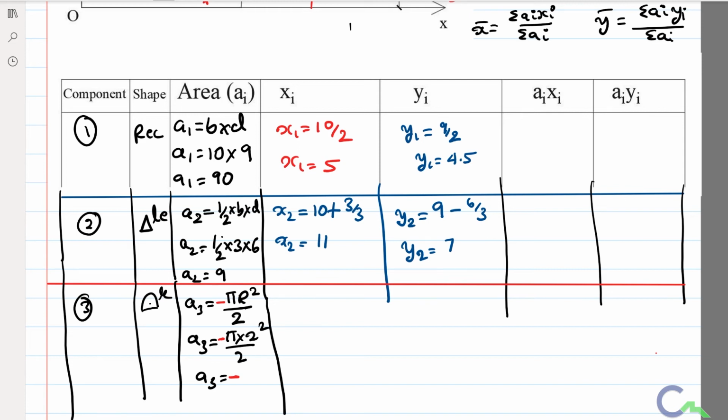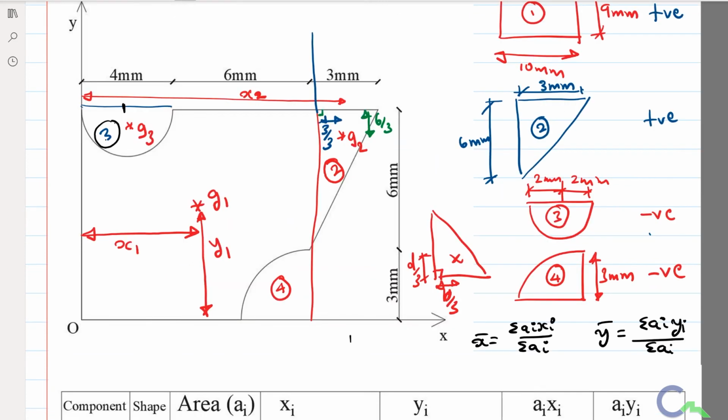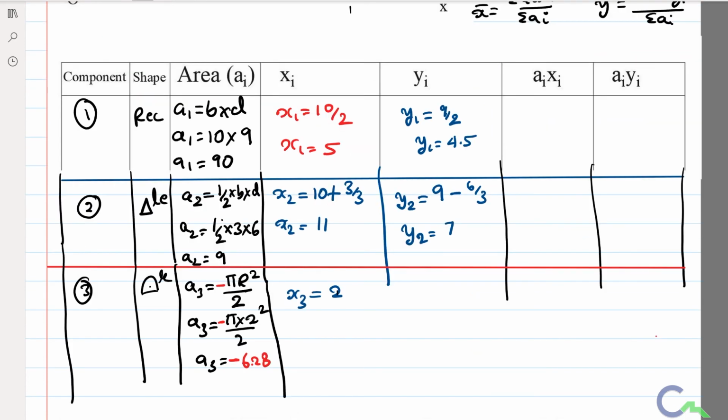So directly I will take negative. So we'll get 6.28 mm square. Then x3 value I can take from OY axis. So x3 is equal to, directly it is a radius. So I can take x3 is equal to r is equal to 2 mm.